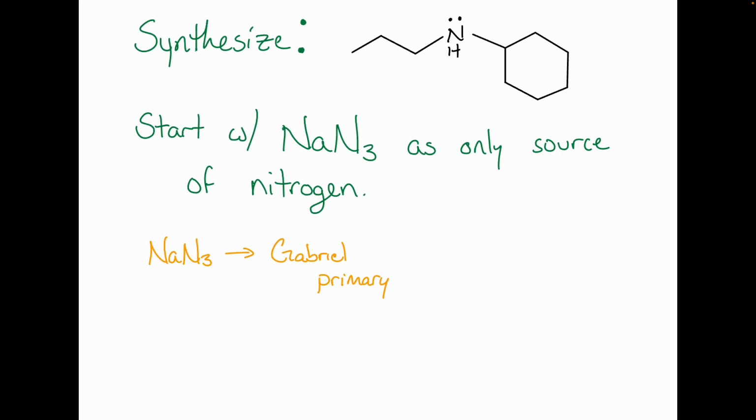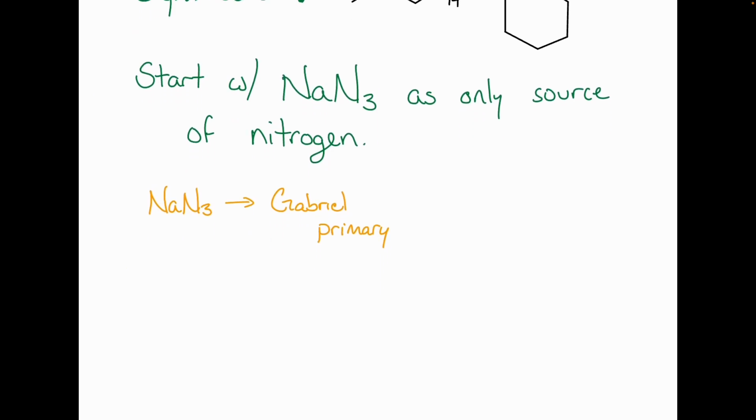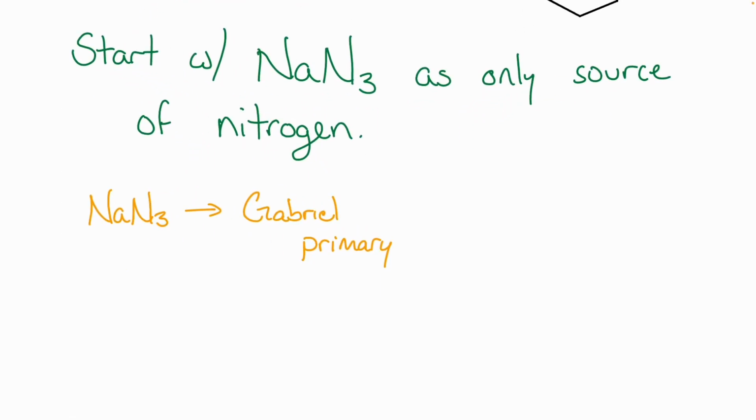But in order to synthesize a secondary amine, I need a primary amine to do it. And I would mix that primary amine with an aldehyde or a ketone. So that's fine. I can use my Gabriel synthesis to first create a primary amine. And then I can convert that into a secondary amine using that imine synthesis.